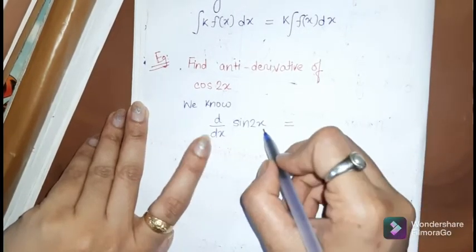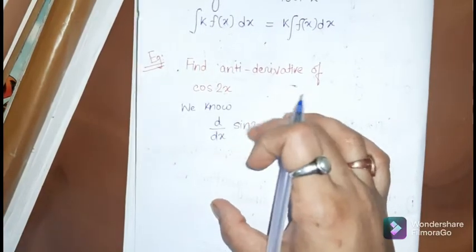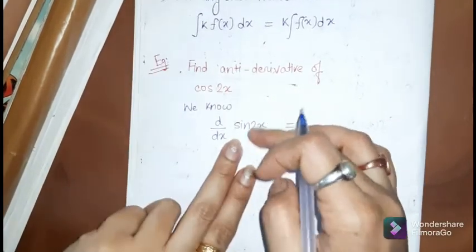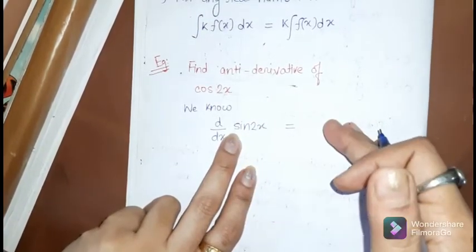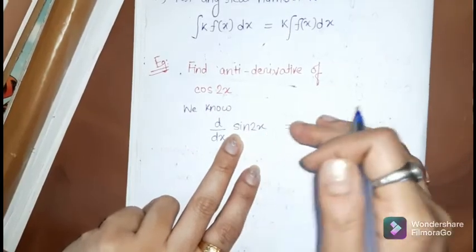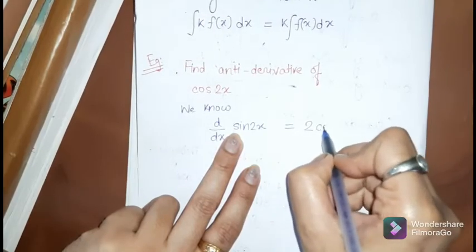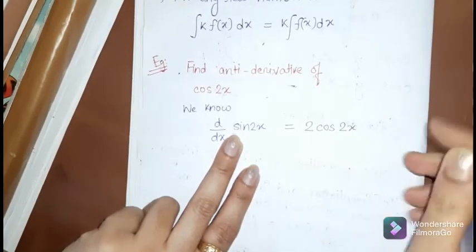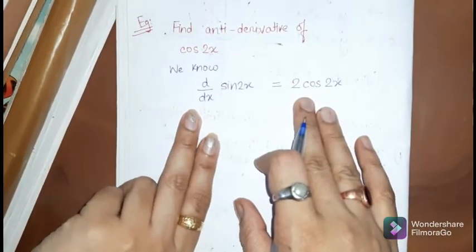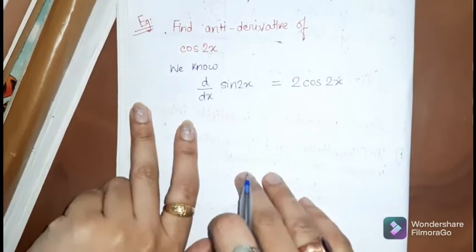We know the differentiation of sin x is cos x. Here theta is 2x, and when we apply the chain rule we also have to differentiate theta because it is a function of x. So ultimately we get 2 cos 2x as the differentiation of sin 2x.